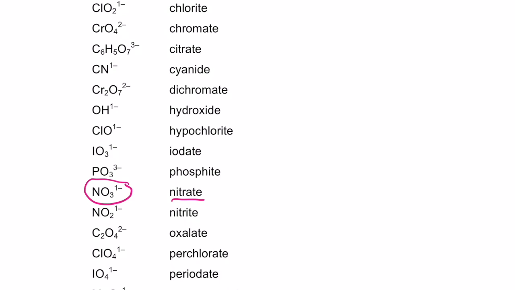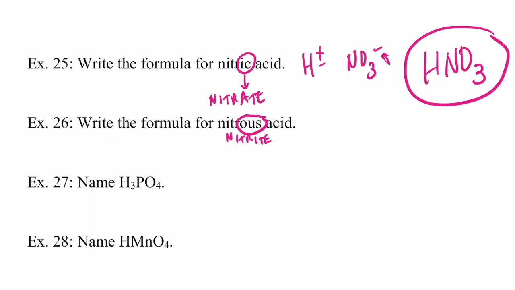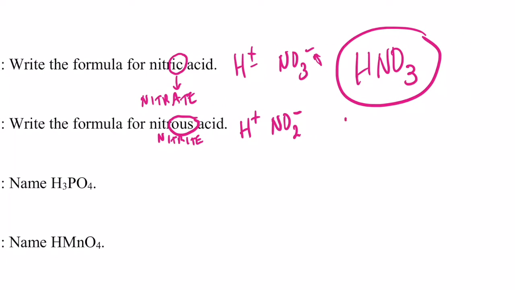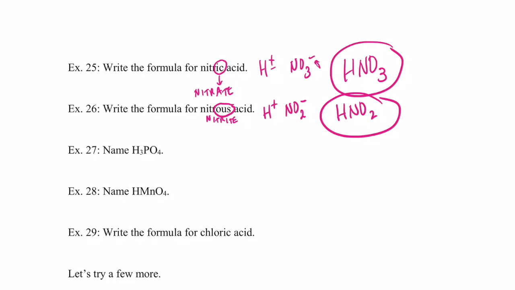And nitrite is right here, right below nitrate, NO2, negative 1. So we're going to have a hydrogen acting like a metal with a 1 plus charge, and nitrite is NO2 negative 1. One of each will do, so the acid is HNO2. So that's nitrous acid.